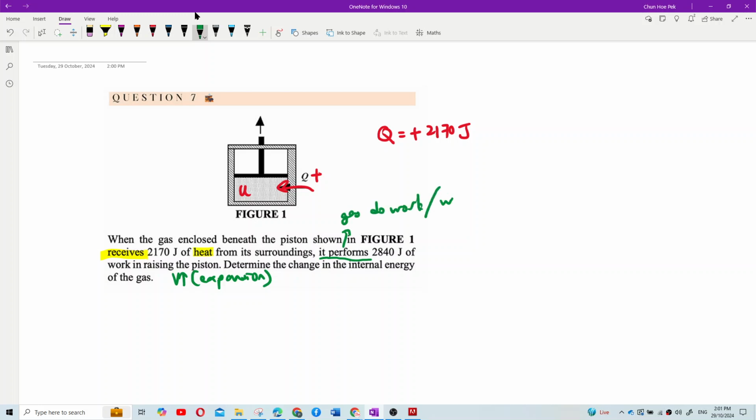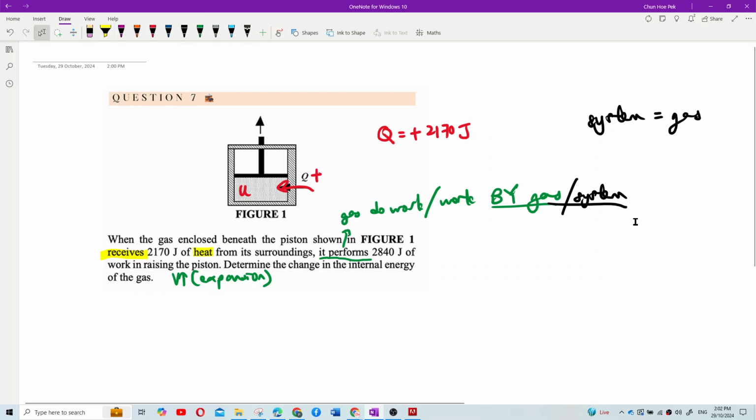Ataupun we can say work done by gas. Sometimes we also say work done by system, because in this case, we regard the system itself as the gas. So the gas performs this amount of work.